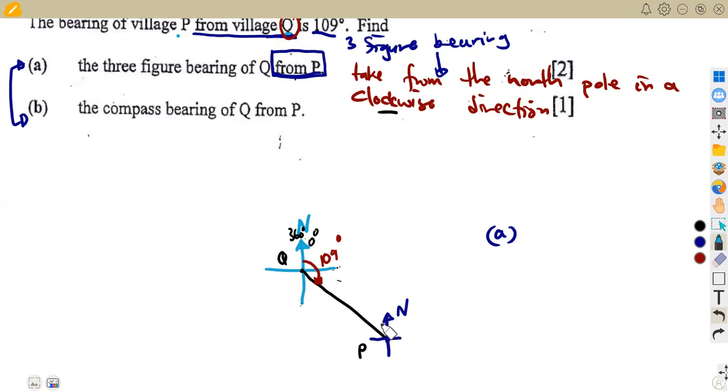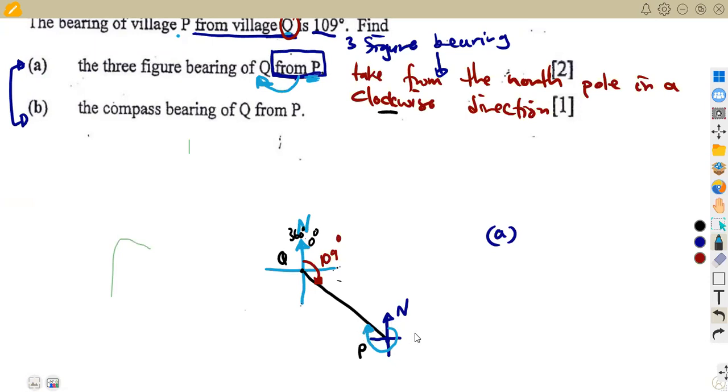So we are supposed to move from P until we reach the line that is going to Q. From P to Q. That is the idea. So do not consider the first letter. Where are we starting from? That is the idea. So the question is simply asking, calculate this angle, because a three-figure bearing is the angle directly as it is, as long as it is taken from the north pole. So the question is simply to calculate this angle.